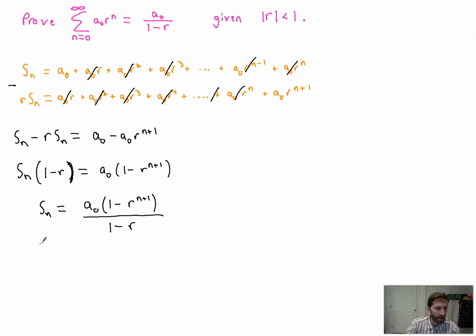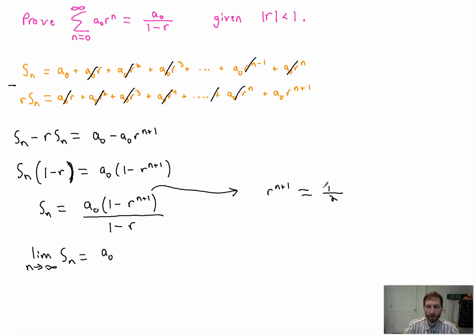So I'm going to take now the limit as n goes to infinity of s sub n. Well, a sub 0 is some constant. Remember that r to the n plus 1, that's some number less than 1. So r to the n plus 1 is going to be like, think of it as 1 over a number greater than 1.